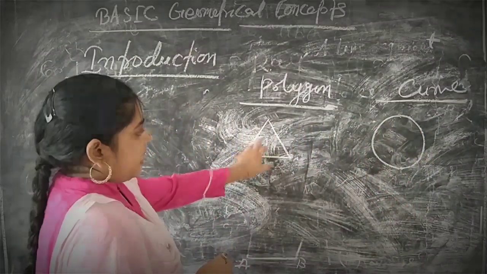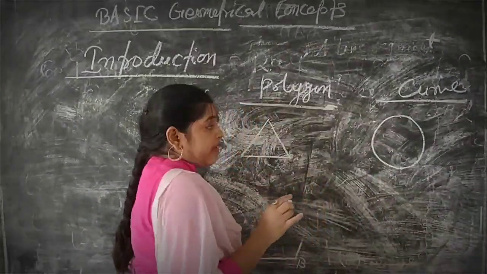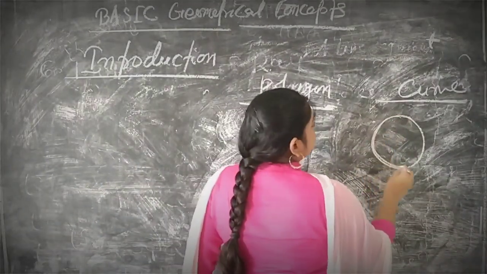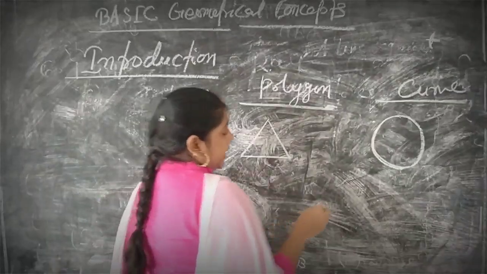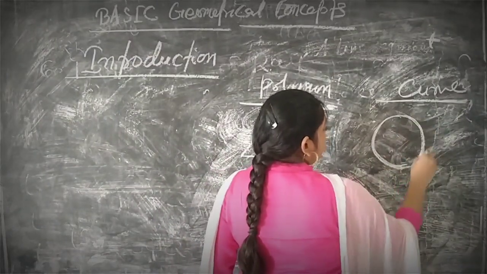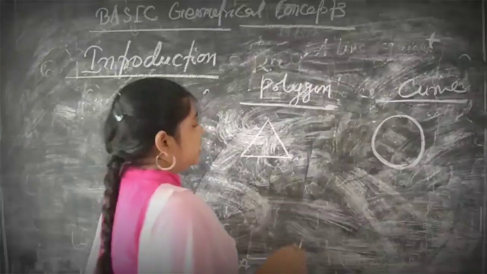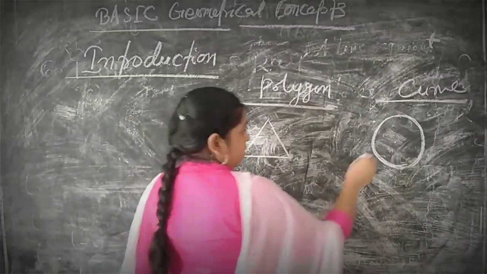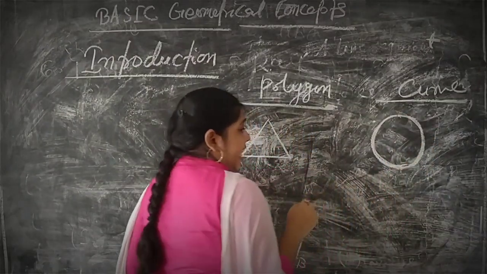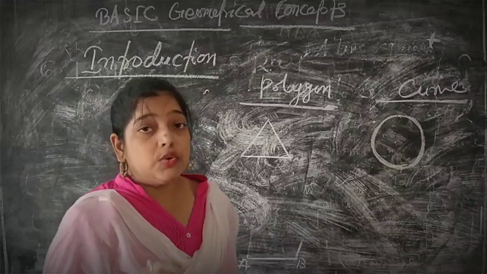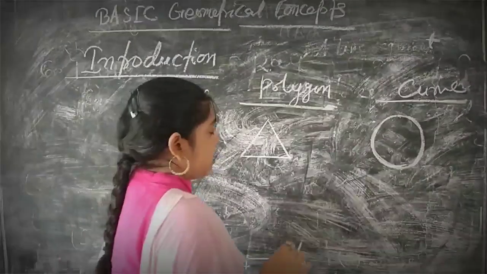Because a polygon is made up of line segments, and a curve is a flat curvilinear figure. It has a boundary, but it cannot make a line segment. So this is called a curve. A curve can be drawn using a pen or pencil without being lifted.